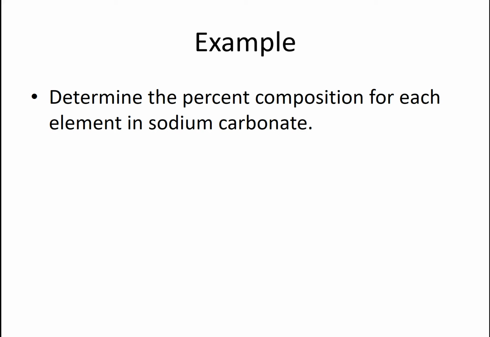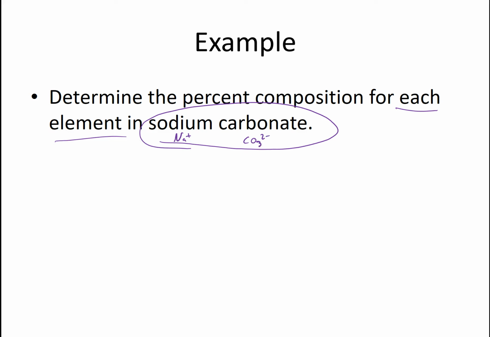So with that in mind, let's try one together. Again, if you need to pause and go back, make sure you write those 3 steps down because those are going to be important. In this example, we want to determine the percent composition for each element in sodium carbonate. Now, sodium, as you guys know, is Na+, carbonate is CO3 2-.